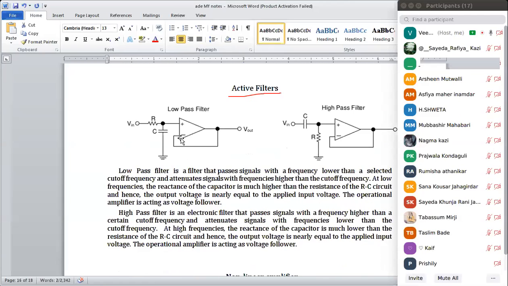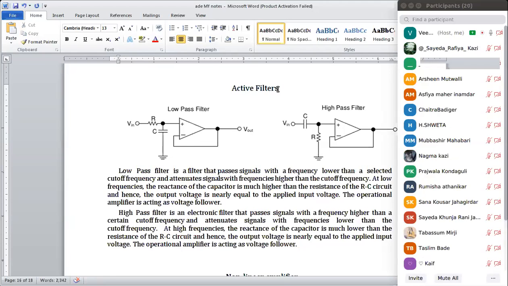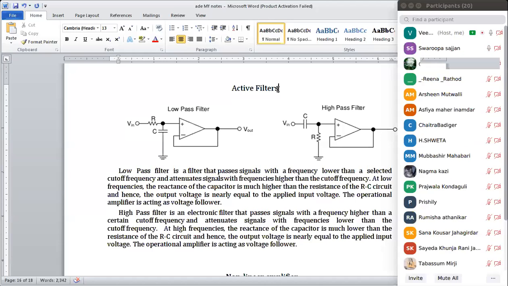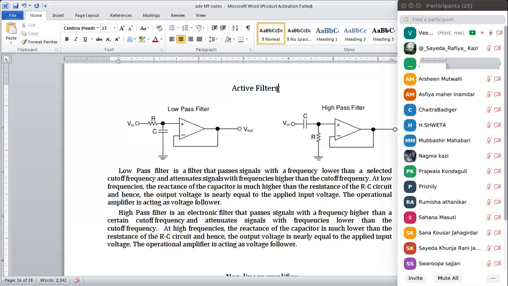And now we'll see active filters. What is this filter or active filter and how is it going to work? Okay. So basically, these filters are used in communication links or channel links.